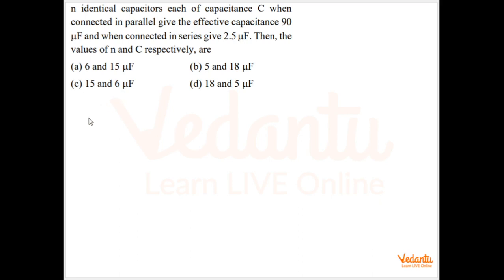So my dear bacha log, when I connect the capacitors in parallel, how many capacitors beta? We are connecting n capacitors in parallel.